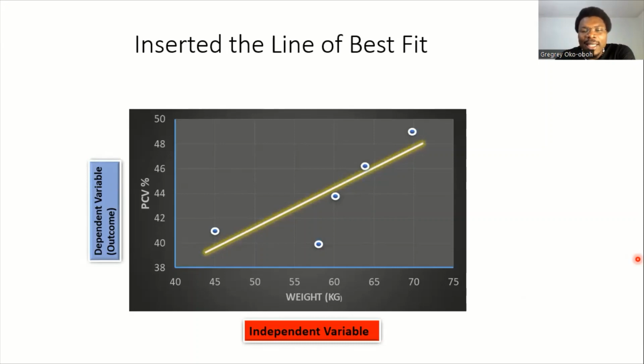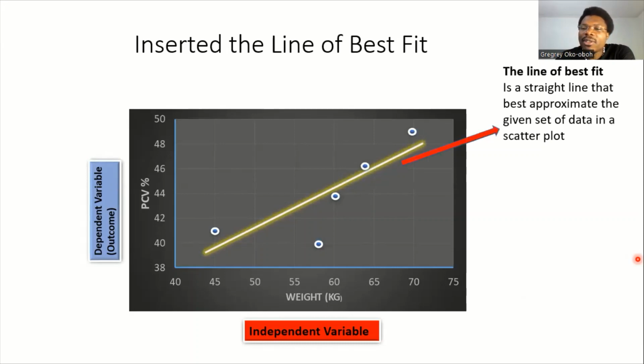This line that best describes these data points is referred to as the line of best fit. It's a straight line that approximates the given set of data in the scatter plots. And this particular line is drawn so that we can predict the outcome variable given the independent variable.